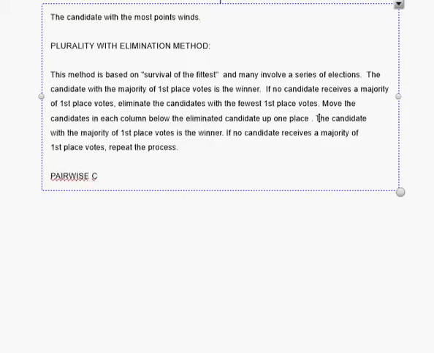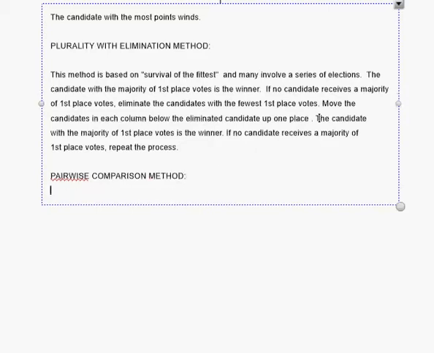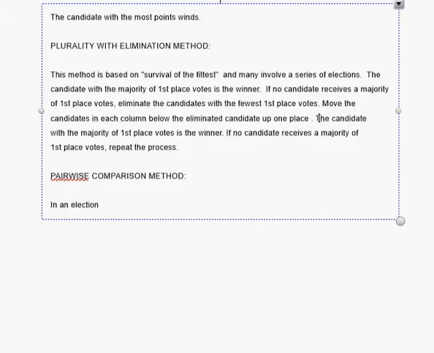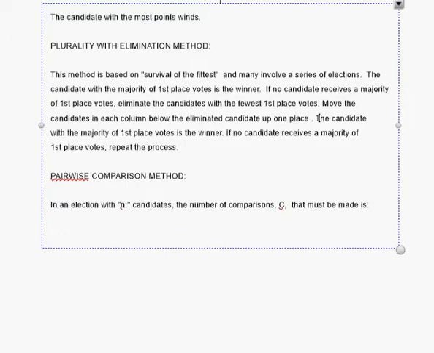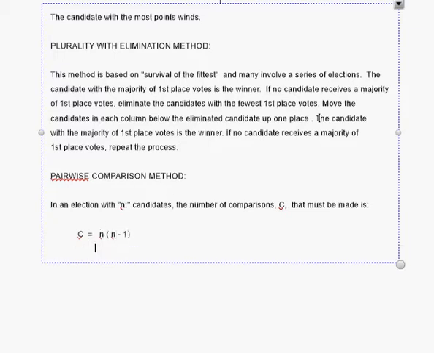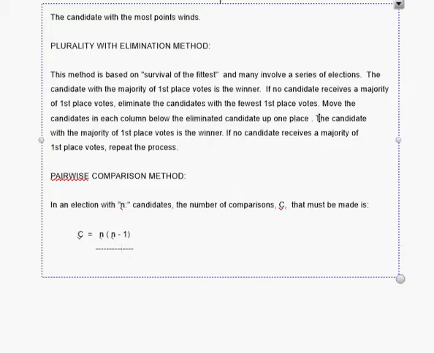Pairwise comparison method. In an election with n candidates, the number of comparisons C that must be made is C equals n times n minus 1 over 2.